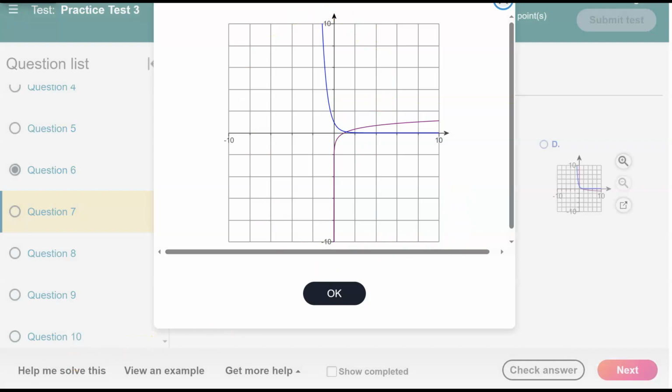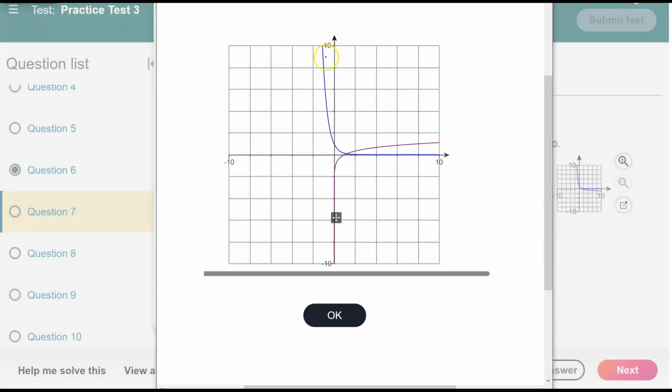So for instance, this blue curve here, if that is the graph of 1/8 to the x, that's the graph of our exponential function. To get the graph of the inverse function, we're going to reflect that along the line y equals x. This is the line y equals x.